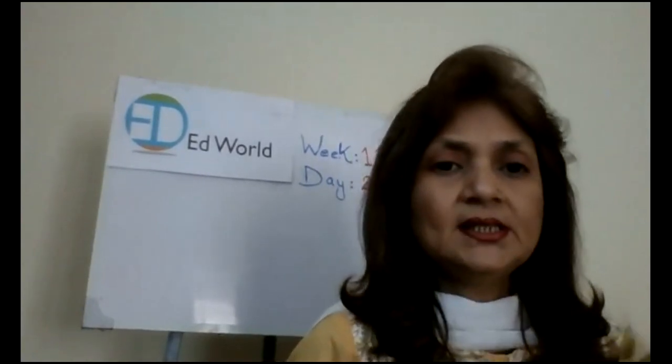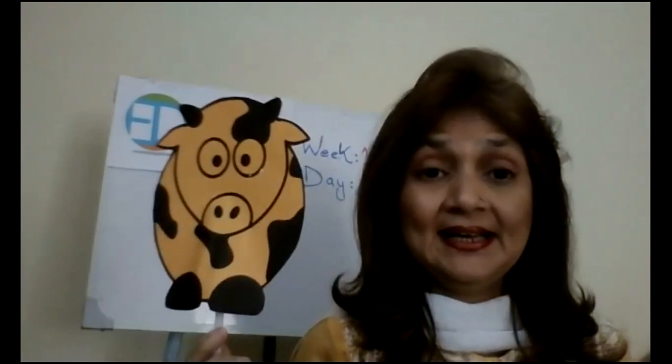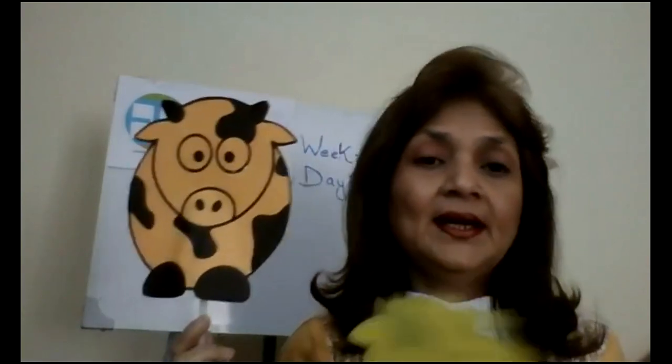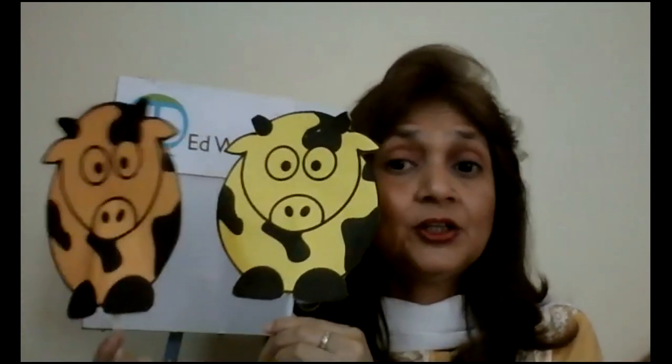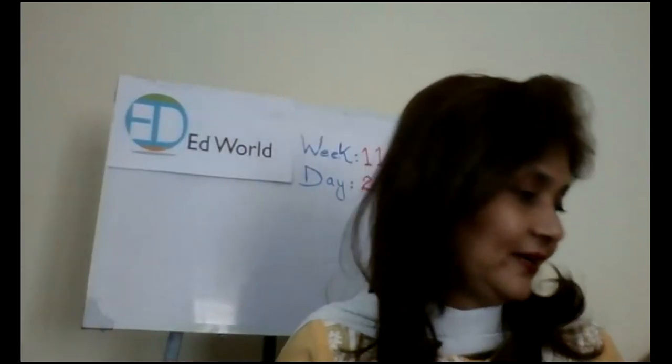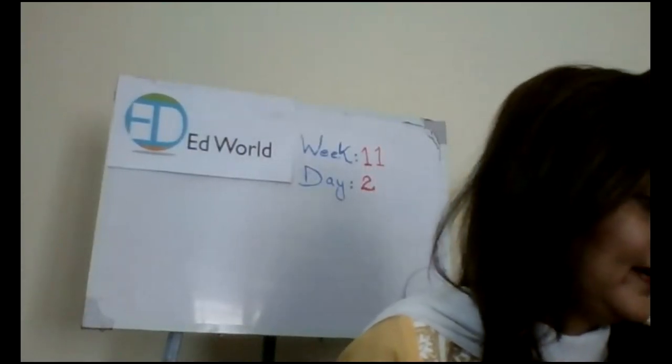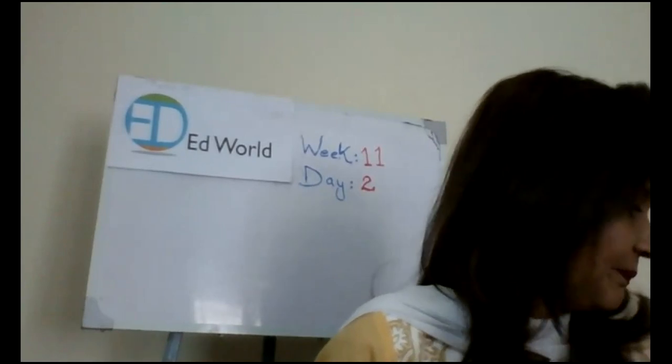What is this I'm holding in my hand? It is 1 cow. And now how many cows are there? There are 2 cows. So 1 is singular and more than 1 is plural. Very good.